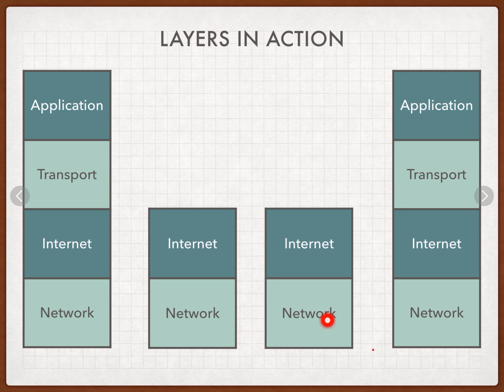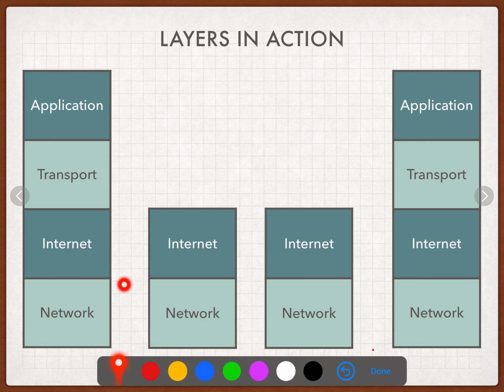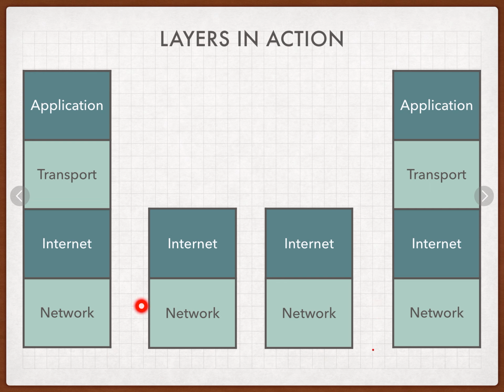The job of a router is to move packets between one network and another. I've got 2 routers here. In actual fact, when exchanging data, it may travel through many routers. So don't always think that it's just 2 routers that any data has to travel between. It could be many.